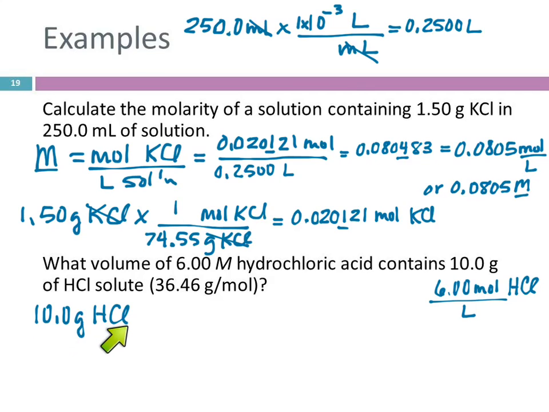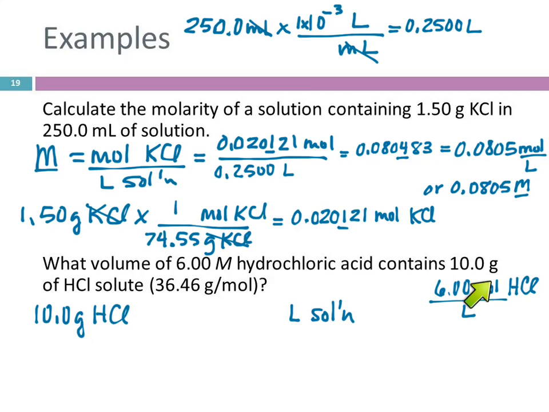So we're starting with grams of HCl, and what are we trying to find? Volume. Now, it doesn't say what unit of volume, so what unit of volume would be the most convenient? Liters. So we're going to solve for liters of solution. Now, do we have anything that relates them directly?